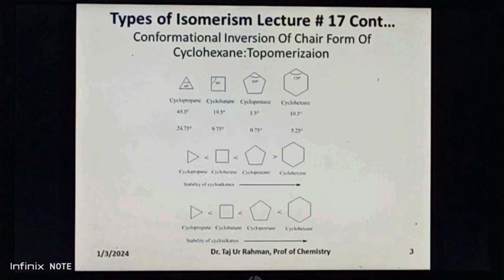The difference between the standard sp3 hybridized carbon atom bond angle and these bond angles has also been shown, that is 49.5 degrees for cyclopropane, 19.5 degrees for cyclobutane, 1.5 degrees for cyclopentane and 10.5 degrees for cyclohexane respectively. We can also find out the difference in the bond angle per carbon atom by dividing these differences by 2.